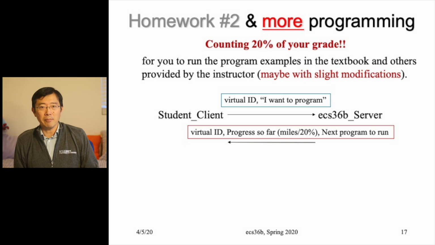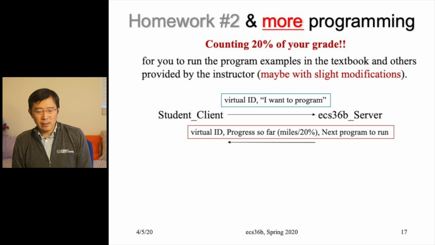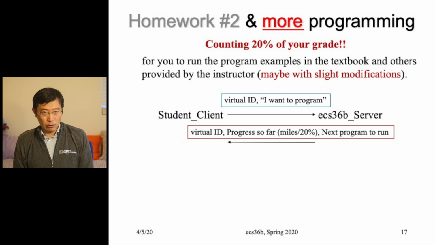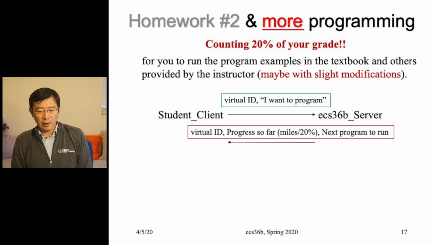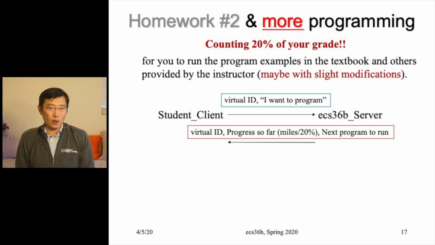They're almost the same, but we will give it to you after you submit your homework assignment number 2. This program is going to submit 2 things to the server. We're going to have a special server called the ECF36B server, and we'll tell you the IP address and how to contact that server, just like homework assignment number 1.